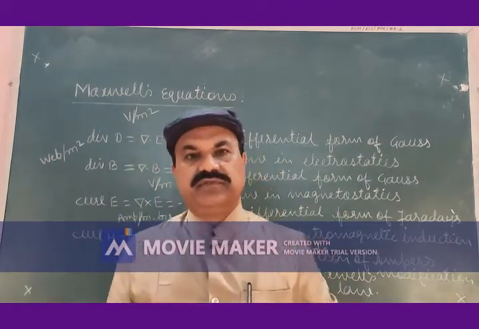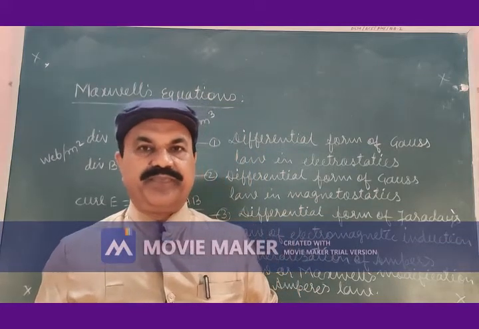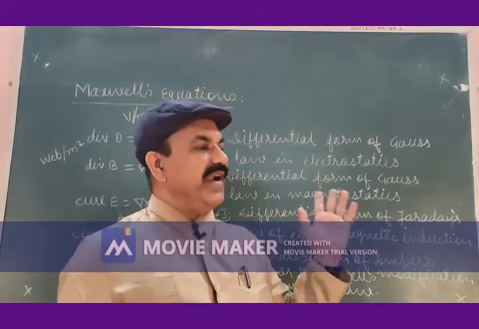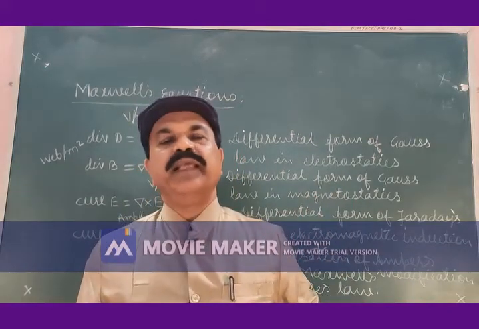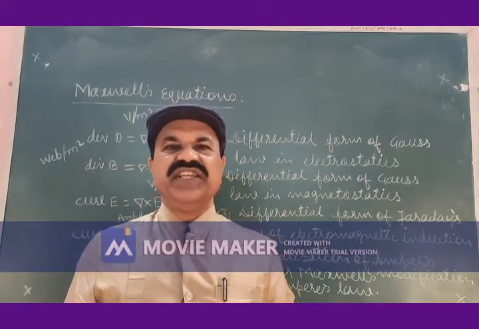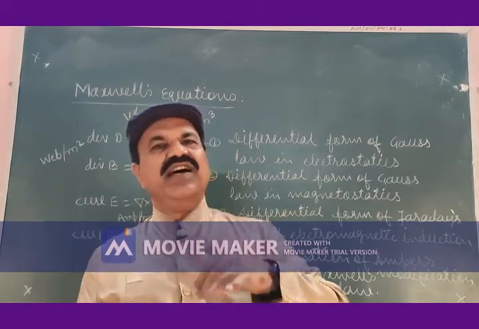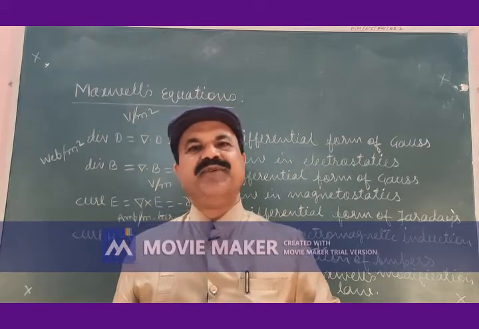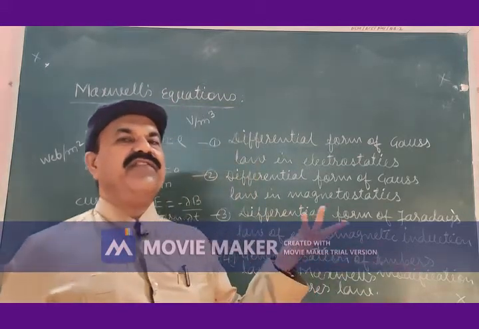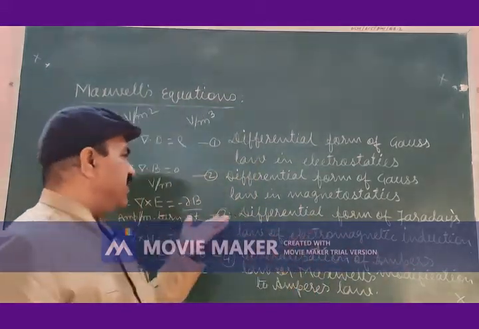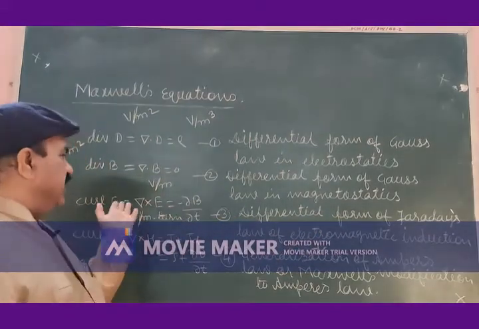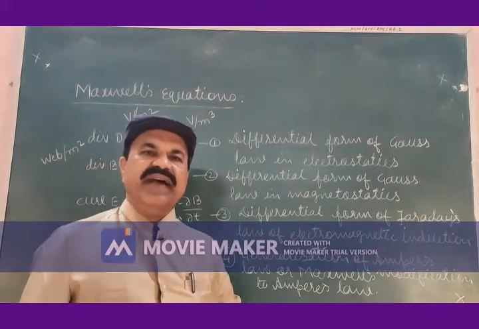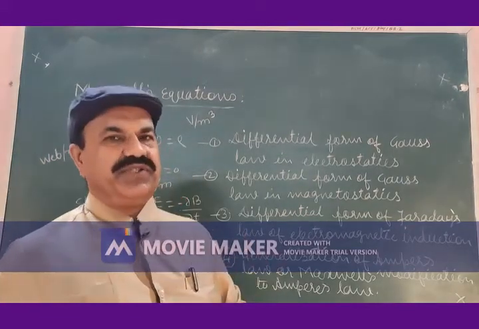This way of induction of EMF is known as mutual induction. Faraday's law of electromagnetic induction is related to both self-induction and mutual induction, and in differential form this law is written as equation number 3, that is, curl E, or del cross E, is equal to minus dou B by dou t.